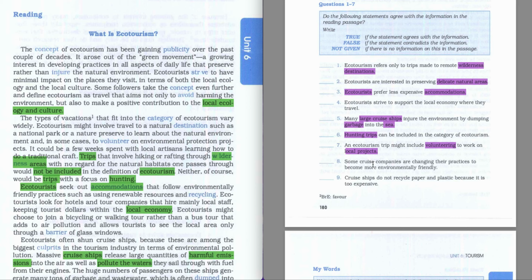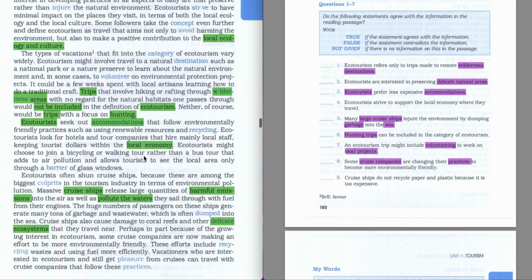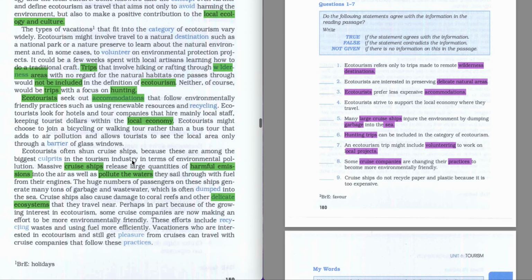Some cruise companies are changing their practices to become more environmentally friendly. So cruise companies and their practices to become more environmentally friendly. You already scanned the whole text. You know where exactly this information could be. Do you remember when we were talking about emissions from cruise ships?